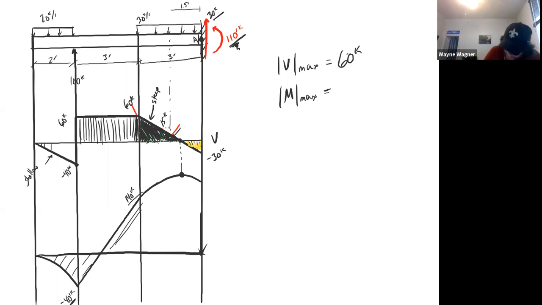Okay, so I want V as a function of X. This is going to be from X equals 5 to 8 feet. Well, that's really not a very mathematical way to write that, is it? 5 feet is less than X is less than 8 feet.